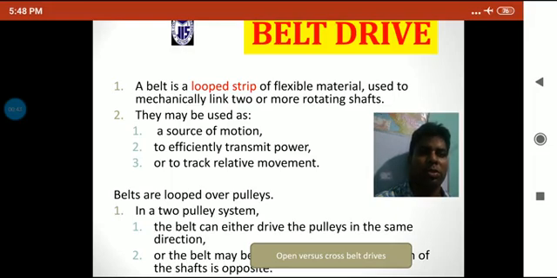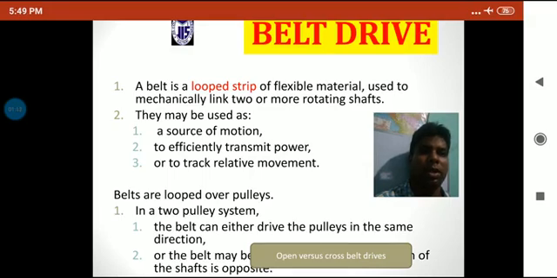That is defined as a drive because drive means where two systems are there. One is the driver, another is the driven. Two members are there. Similarly, as we know in gear design, there is a driver and a driven system.